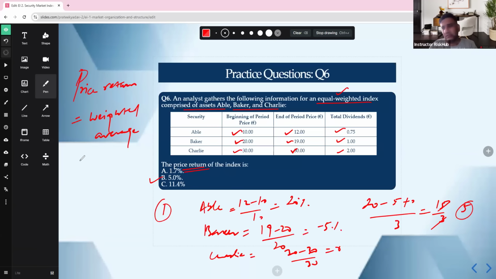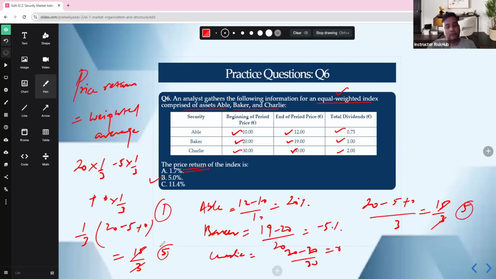Because with a weighted average we could have done this also: 20 into 1 by 3, minus 5 into 1 by 3, 0 into 1 by 3, and then found the value. But again, this is the same: 1 by 3 times 20 minus 5 plus 0, so 15 by 3 is equal to 5. Same data.